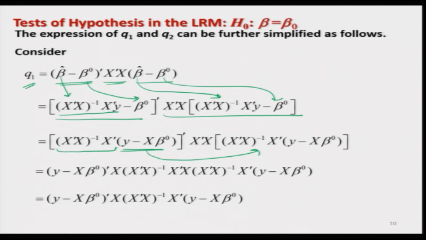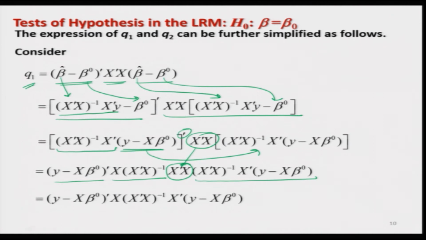You can see this is a transpose, right. So, this will become y minus x beta naught transpose into x transpose x whole inverse, this x transpose x will come here, and then the quantity from the second bracket, x transpose x whole inverse x transpose y minus x beta naught.